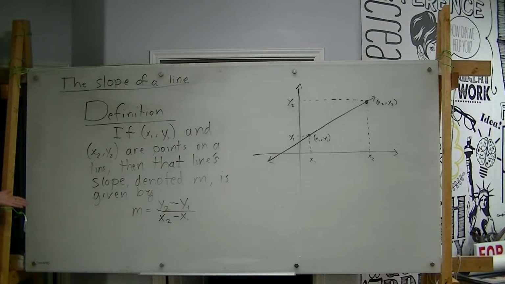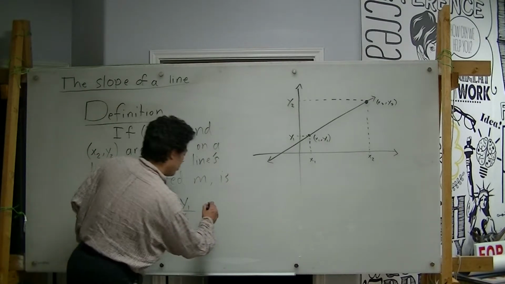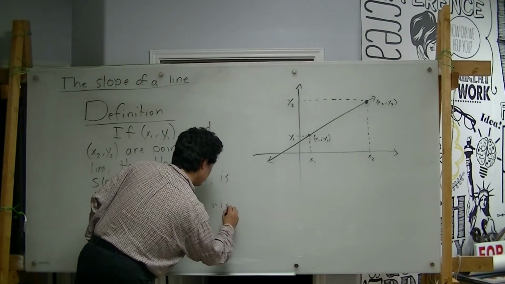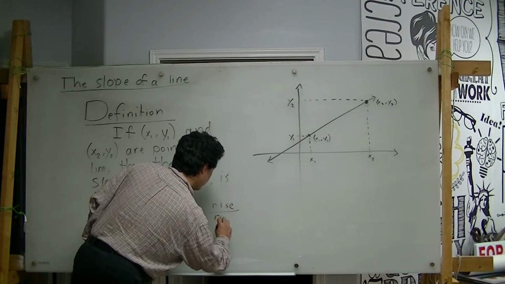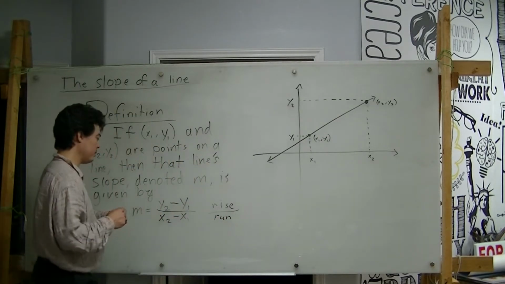If x1, y1 and x2, y2 are 2 points on a line, then that line's slope, denoted m, is given by m equals y2 minus y1 divided by x2 minus x1. And sometimes this is also referred to as your rise over your run. And I'll explain that in a moment.